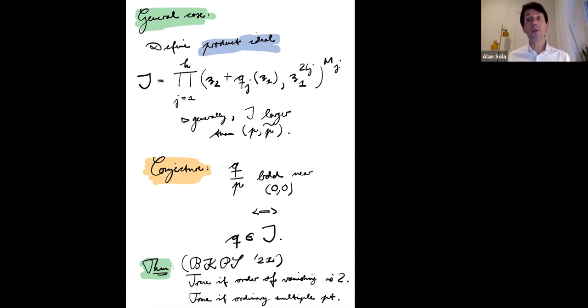But in our paper, we actually prove this conjecture if P vanishes to order 2, or if there's an ordinary multiple point at the origin. And this just means that all these Weierstrass factors are distinct. So you have as many Weierstrass factors as you can expect from P. But in the general case, this conjecture is open. We think that it's true, but we have not been able to establish it so far.